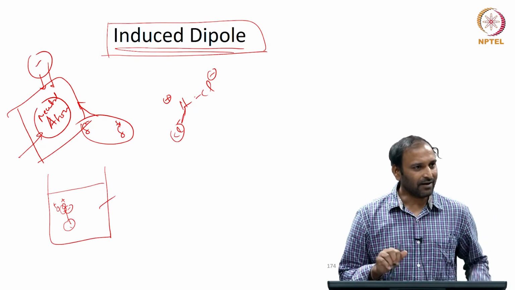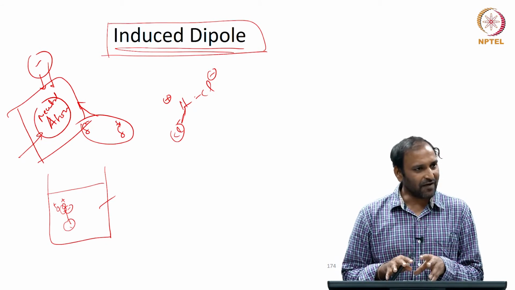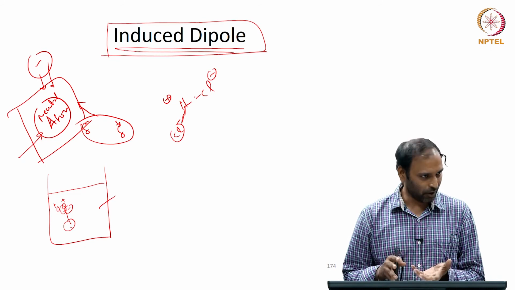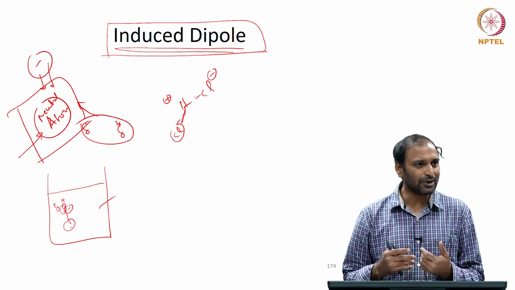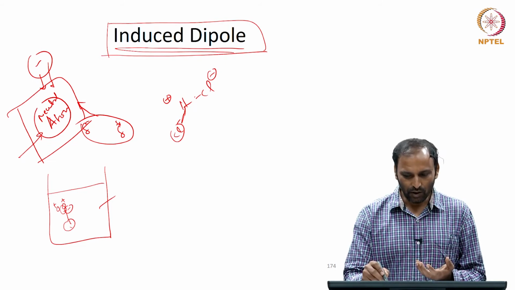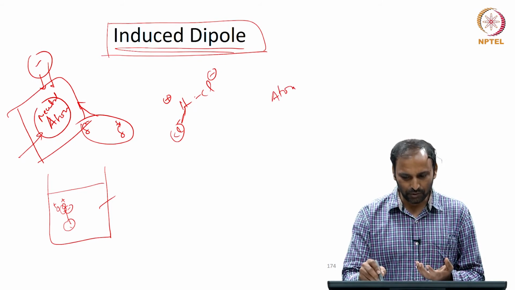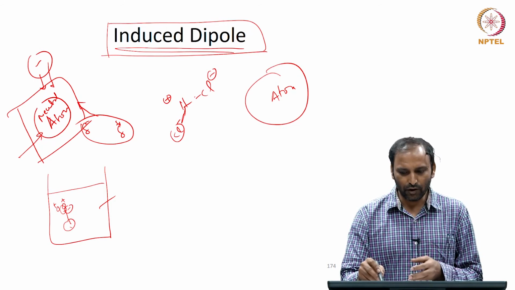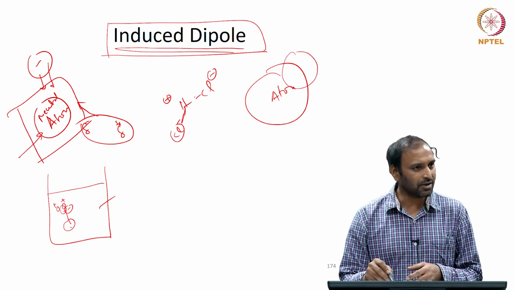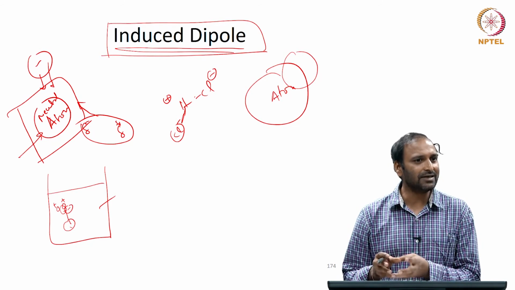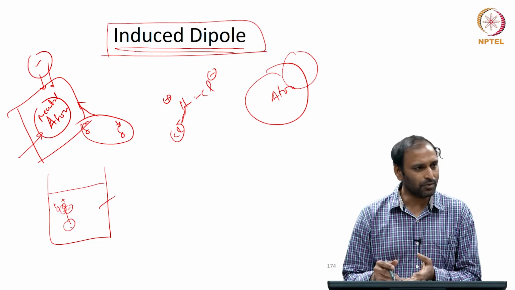Now, in the case of induced dipole, what will happen is this. Because the electrons are not fixed, they are moving around, there is going to be a fluctuation in the electron density. That means even in a neutral atom or molecule, some regions at a particular instant in time may have a higher density of electrons compared to other regions.